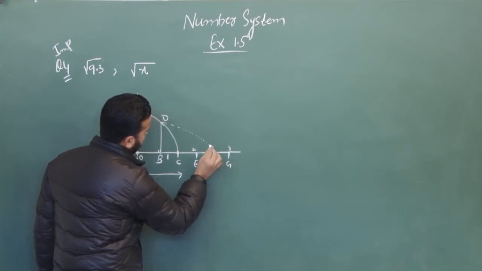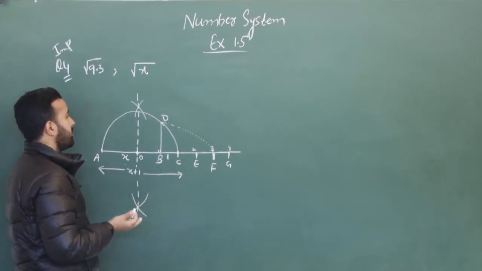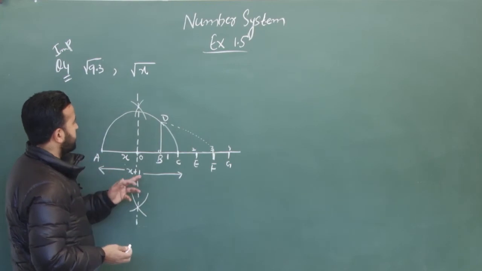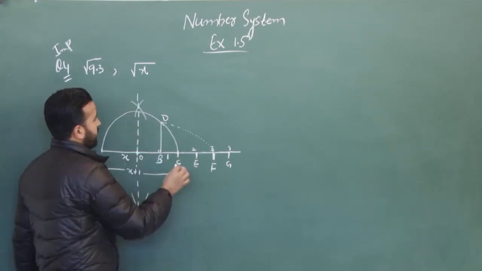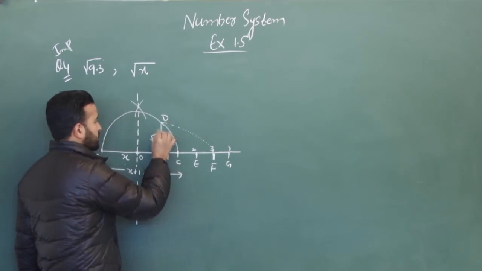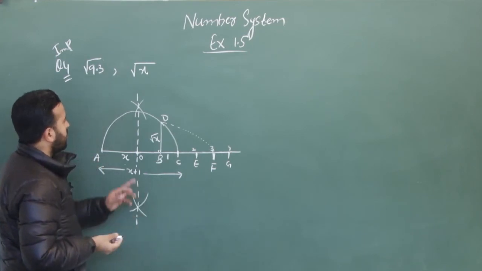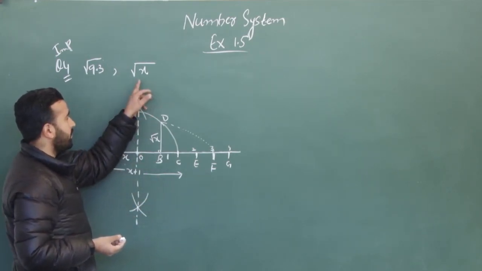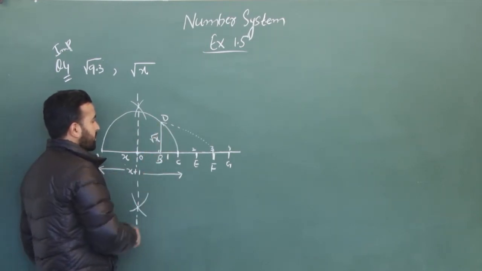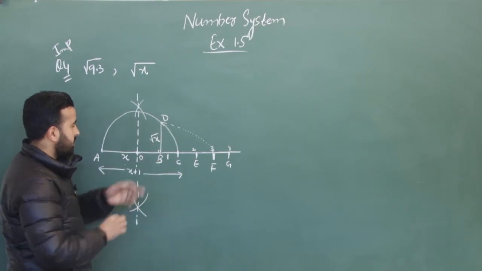And I am giving you the rough idea of how we can geometrically represent root of x on the number line, and this length BD is of root x. What we actually want is to get the length root of x. So now we have got BD equal to root of x.